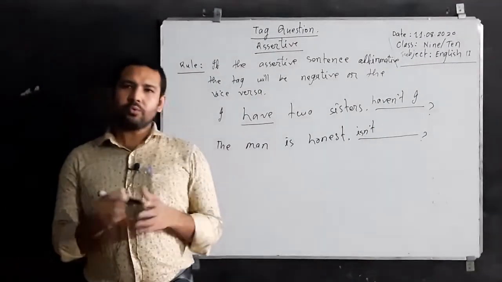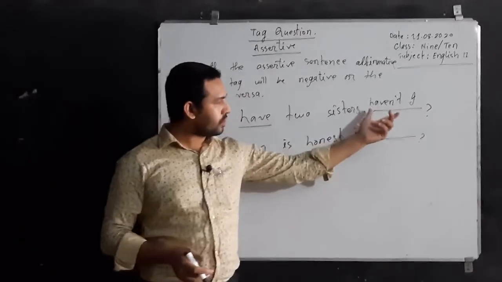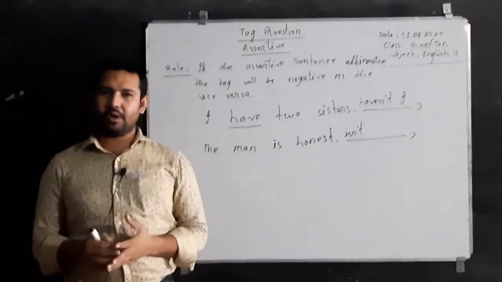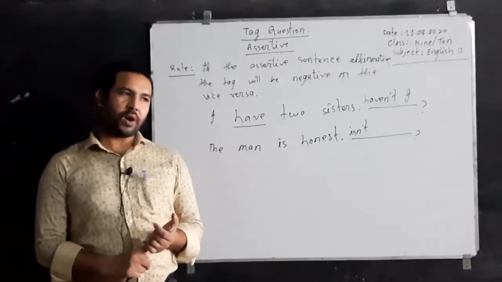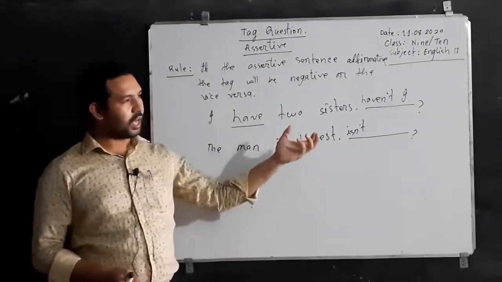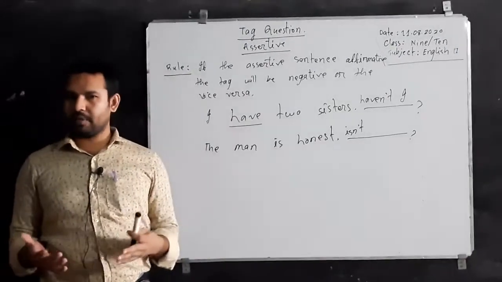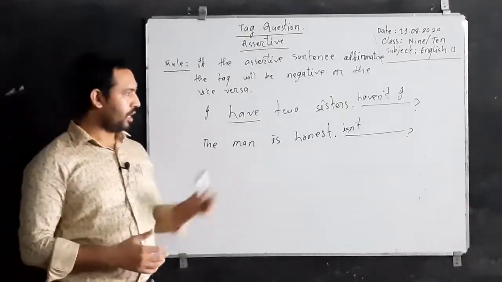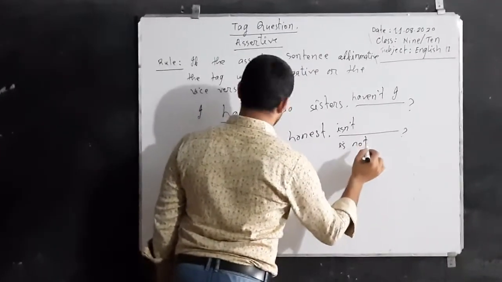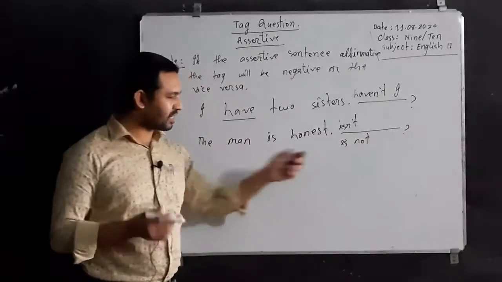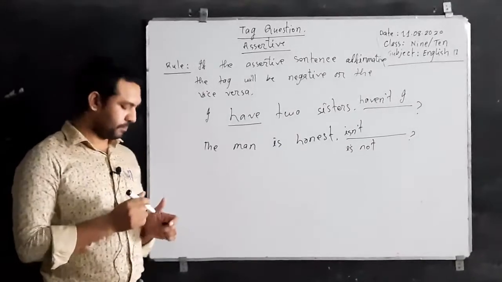And you have to remember another thing: you must use the negative contracted forms of an auxiliary verb in the tag question. We cannot use the larger form, is not, in the tag question. We cannot say this. We must contract it. We must shorten it. We must use the short form.